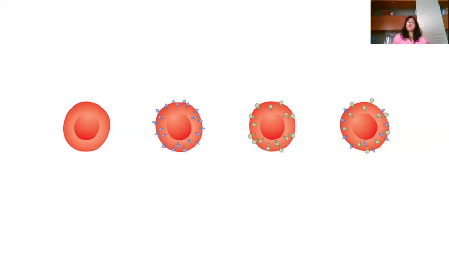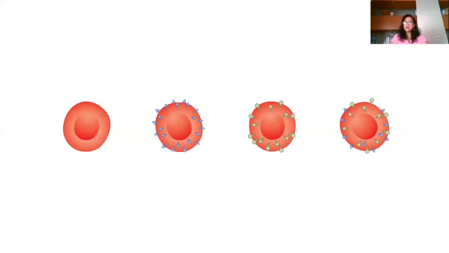Now, as I already told you, this is in terms of RBCs. It is the plasma part of our blood that is responsible for creating antibodies. As we see in the second image, the RBC has antigen A. That means there will be some person whose RBCs have antigen A connected to the surface of their RBCs.